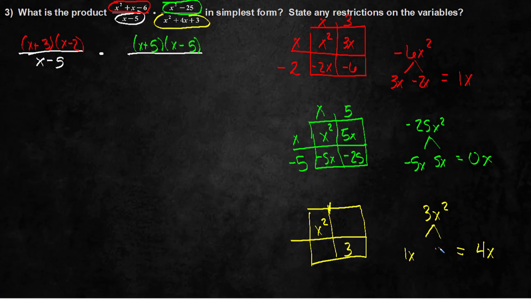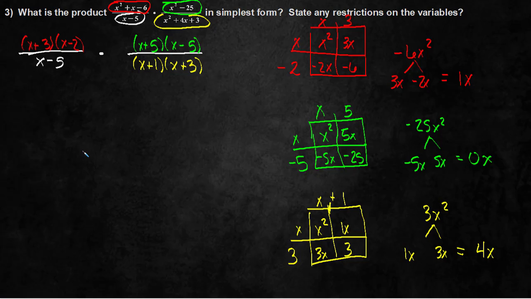That'd be a 1x and a 3x. So this first column, an x can factor out. Second column, nothing can, so that's going to be a positive 1 because it's positive with the closest. First row, an x. Second row, a 3. And so that gives us just our last denominator.